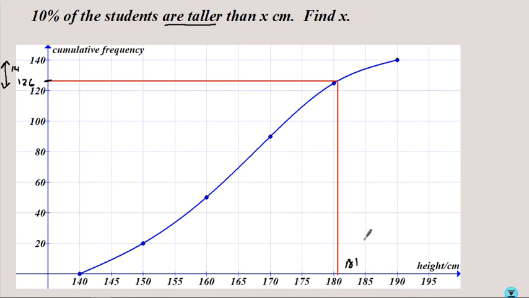The heights go from 181 to 190. Those are the tallest people, but this tells me that 10% of the club members are taller than 181.